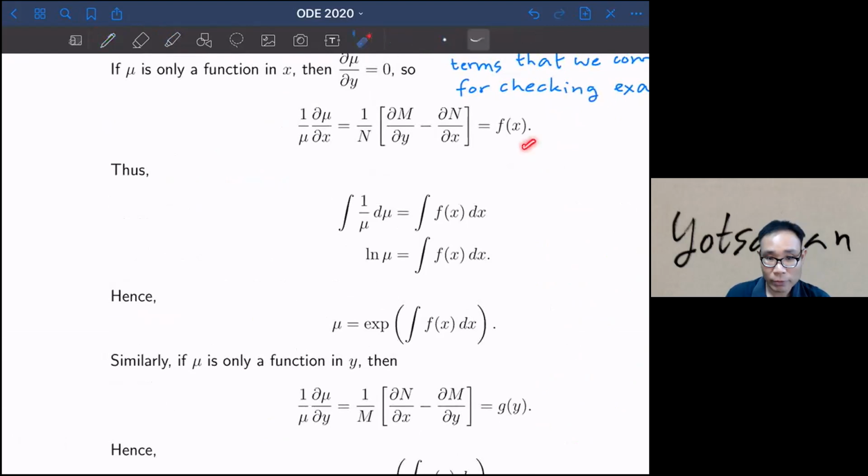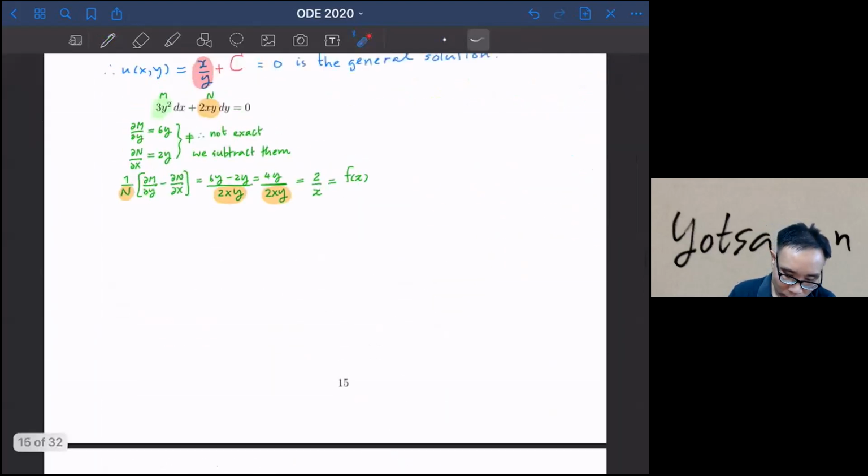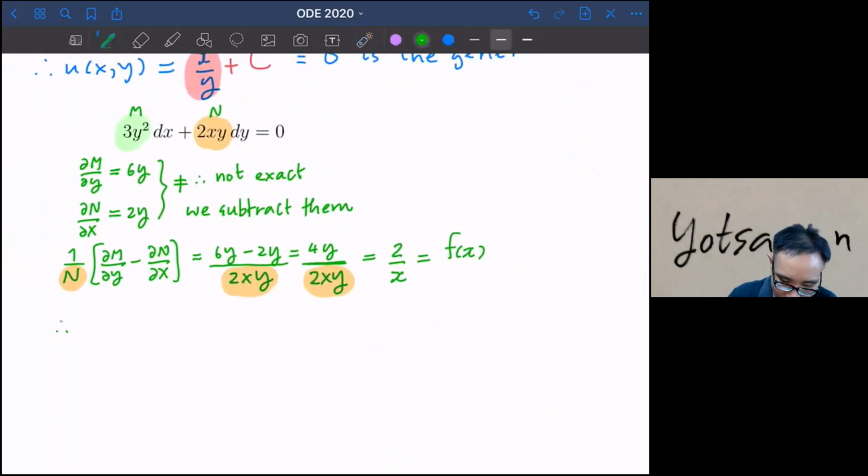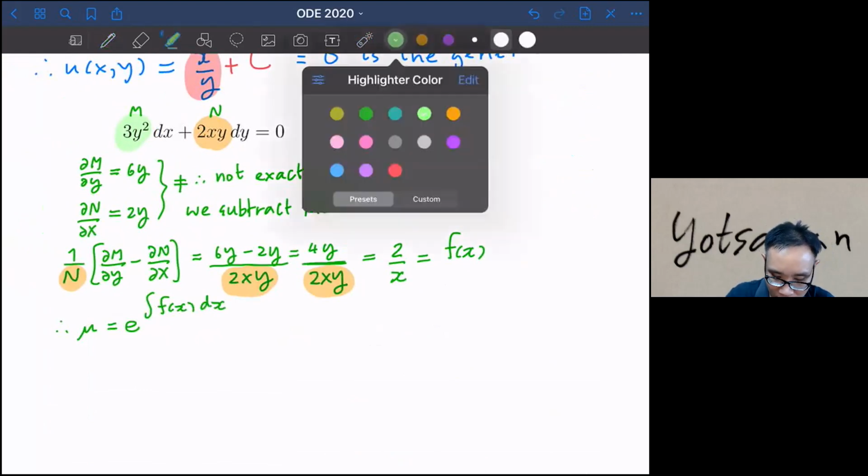So we are up to this line, and you're gonna have mu equal to the exponential of the integral of f(x). So that's the formula: mu equals e to the integral of f(x) dx. I'm gonna highlight some color.